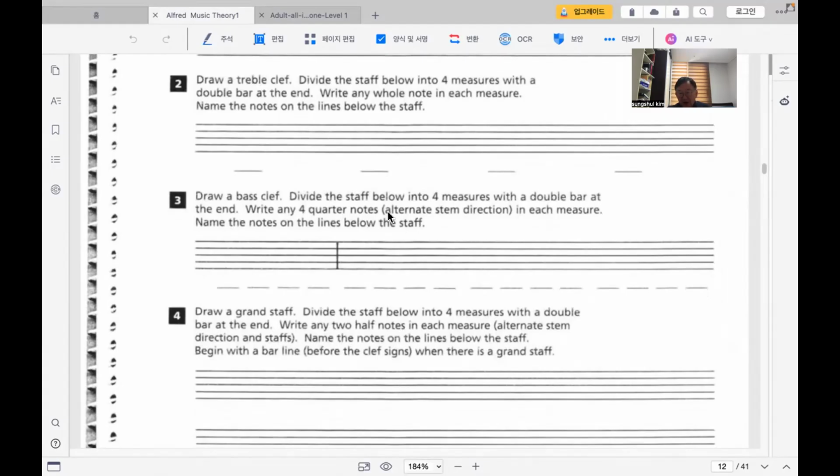Look here, alternate the stem direction. For 2 music notes in here, the stems go on the right side, upward. Next, 2 music notes below the third line, in here, C, D, the stem goes on the left side, downward, like this.